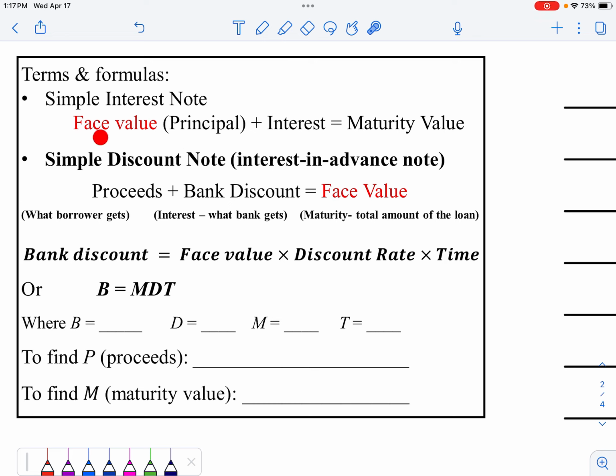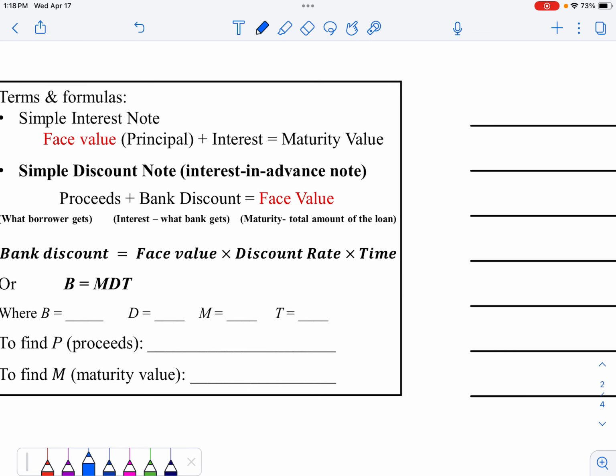That's also the face value, the number written on the note. The interest usually is not written on the note; you have to calculate it. So the principal that you get from the bank plus the interest will be how much you pay back to the bank when it matures. So principal plus interest is going to be the maturity value.